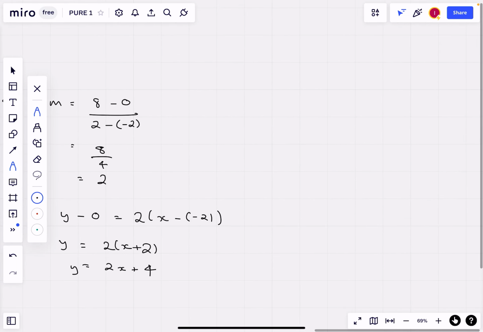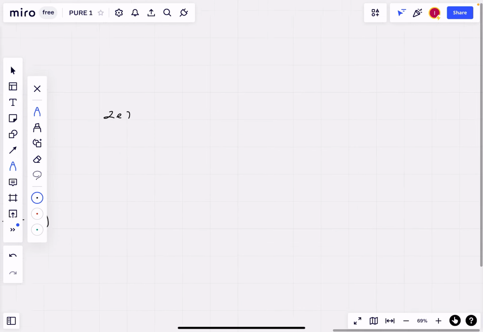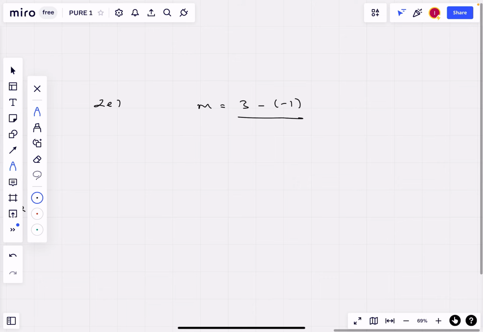Use your formula again. So m equals 3 minus, in brackets, minus 1 over 7 minus 3. 3 plus 1, 4. 7 minus 3, 4. So my gradient is 1.